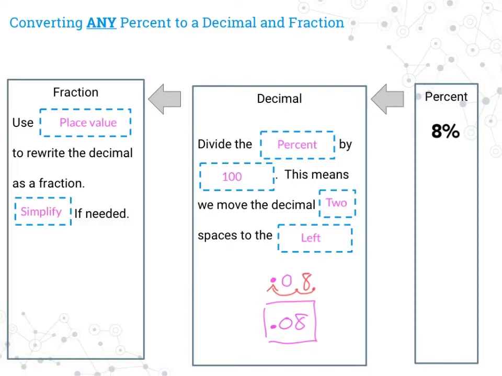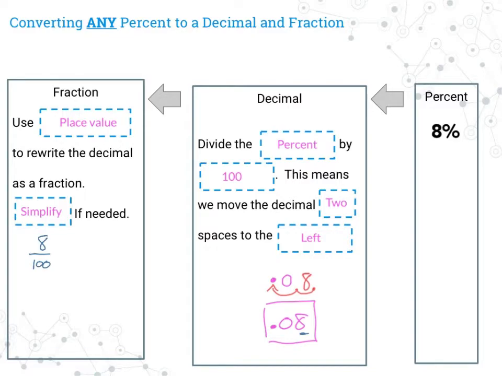I've got 8 in the hundredths place, so I'm going to write my fraction as 8 hundredths because the 8 is in the hundredths place in my decimal. Now, 8 hundredths can be simplified, so I'm going to need to simplify it because 8 and 100 are both even numbers. So if I know they're both even numbers, I know they can be reduced by at least 2. They can probably be reduced by more, but I'm going to know for a fact that if they're even, they can be reduced by 2.